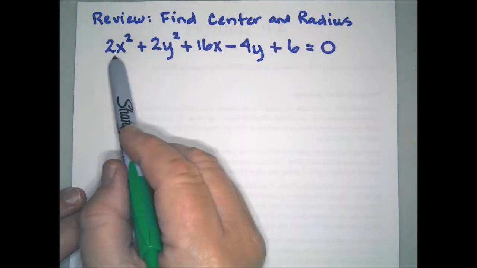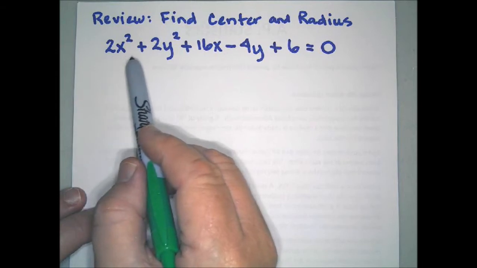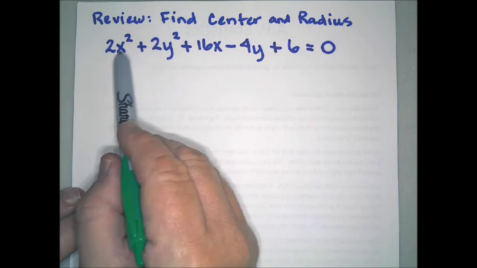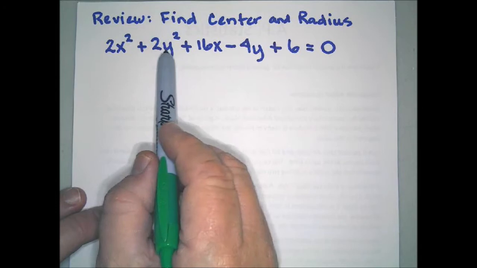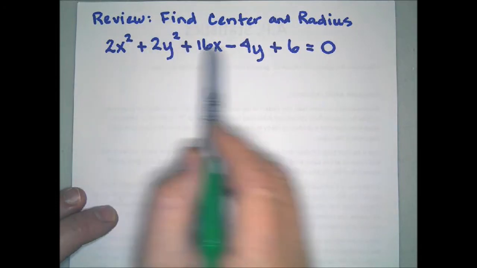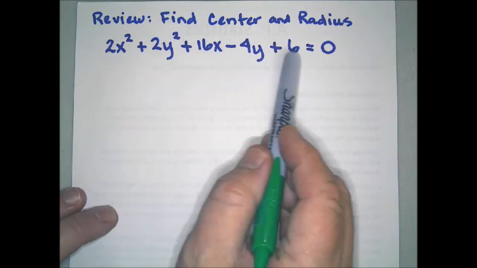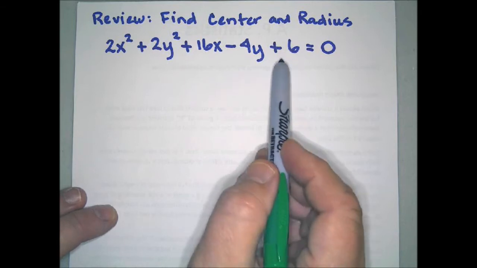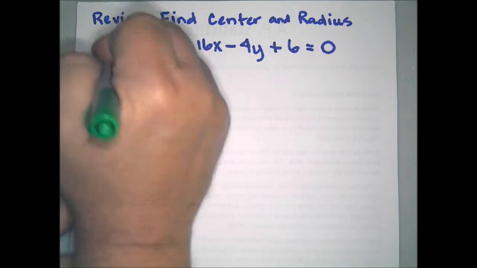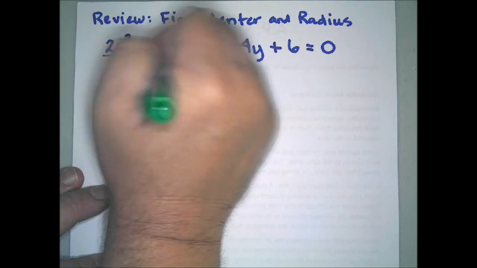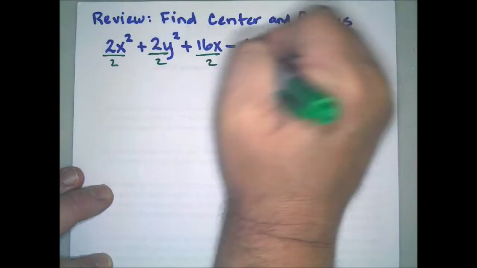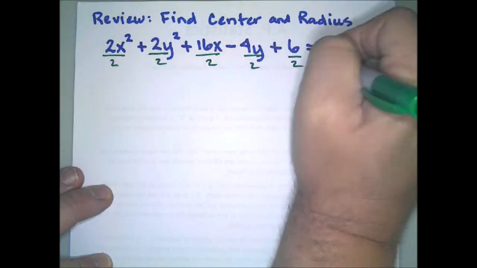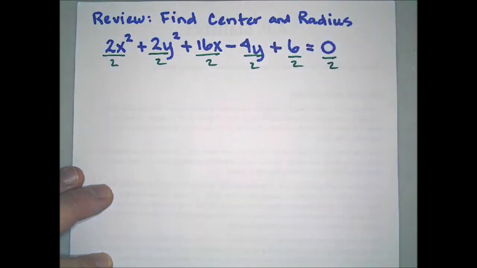Now, the first thing I'm going to do to this problem is I'm going to make it easier by making these leading coefficients back to 1. If you notice, every single term in this polynomial is even, so I'm going to divide everything by 2. I'm going to even divide the 0 by 2.